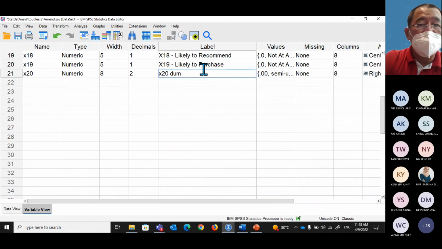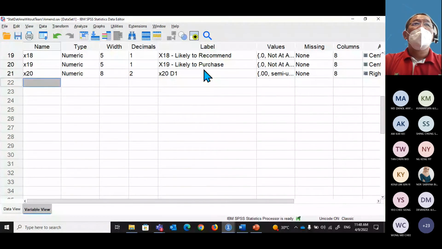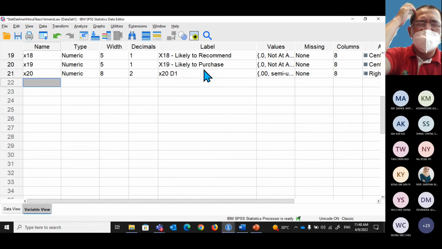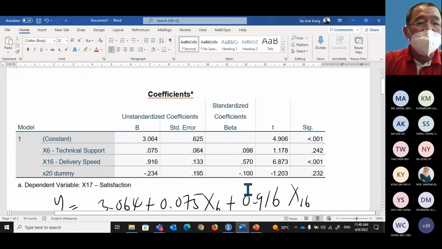Here we put in D1, because now we have two dummies. X20 becomes D1. Now we put in one more category, therefore now we got three.